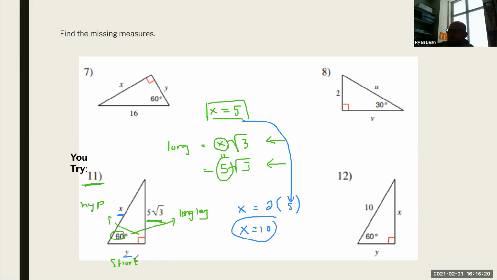And then for the short side, notice here that this side is y. y is equal to this guy because from our formulas, this is x. So y is equal to 5 as well.